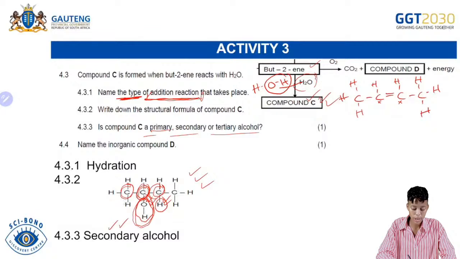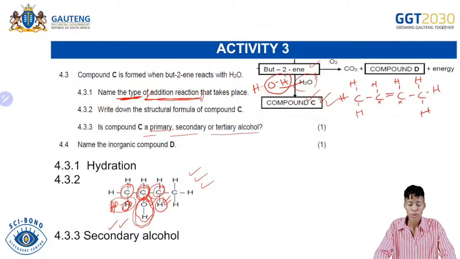So we would say that the OH group is attached to the carbon that is attached to what? To only one other carbon.